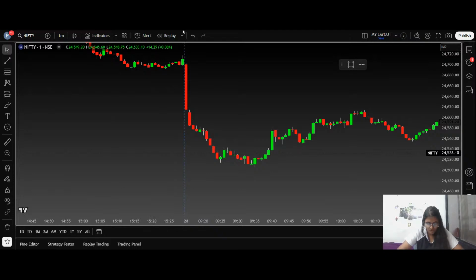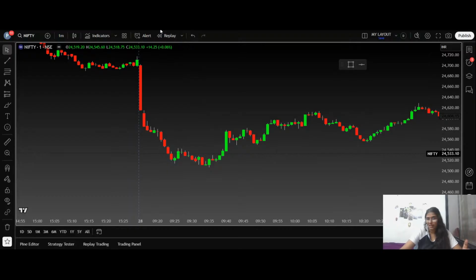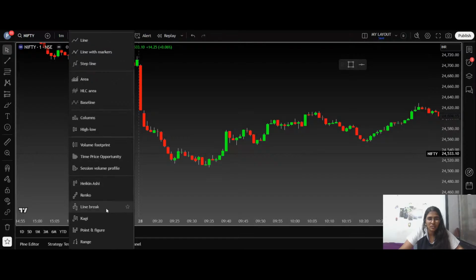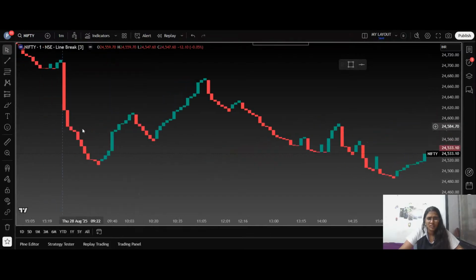So the direction changes only if the close moves against the trend enough to break the number of previous lines. I'll again repeat this sentence. In this line break chart, this is the direction. These are all the red and the green, and the red and the green.